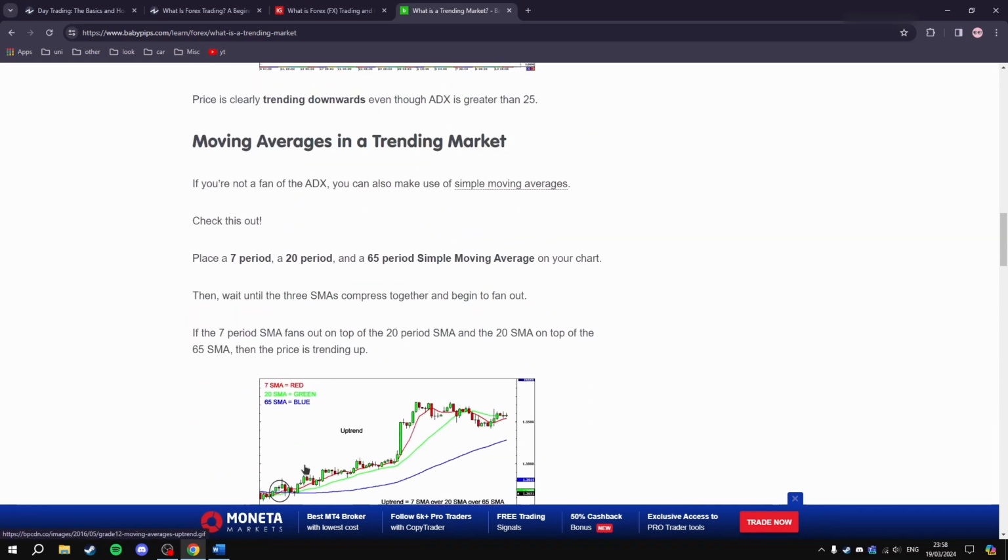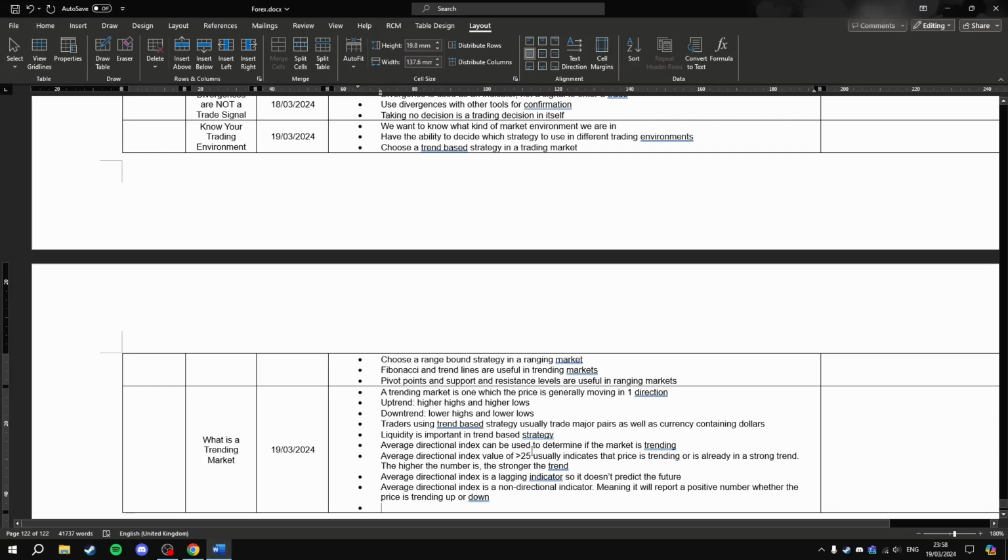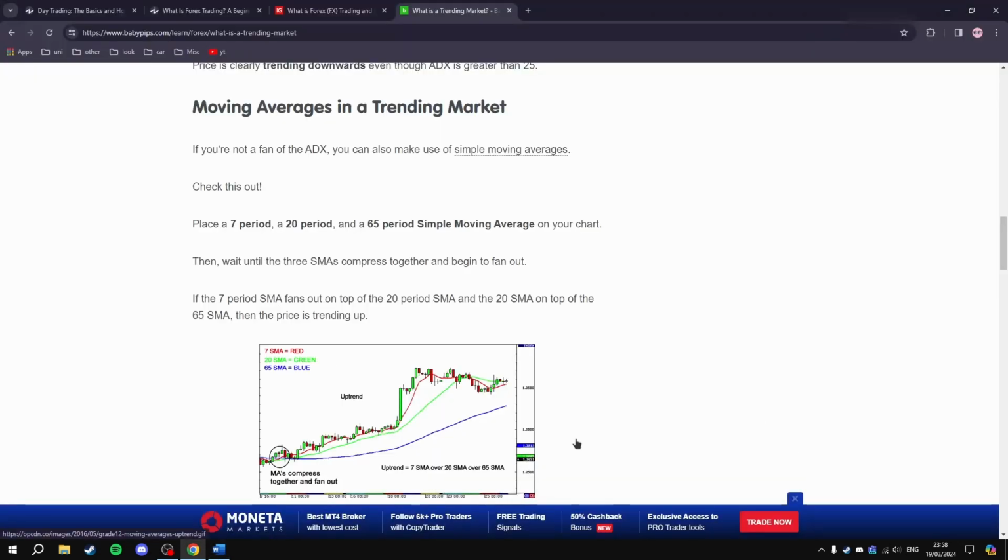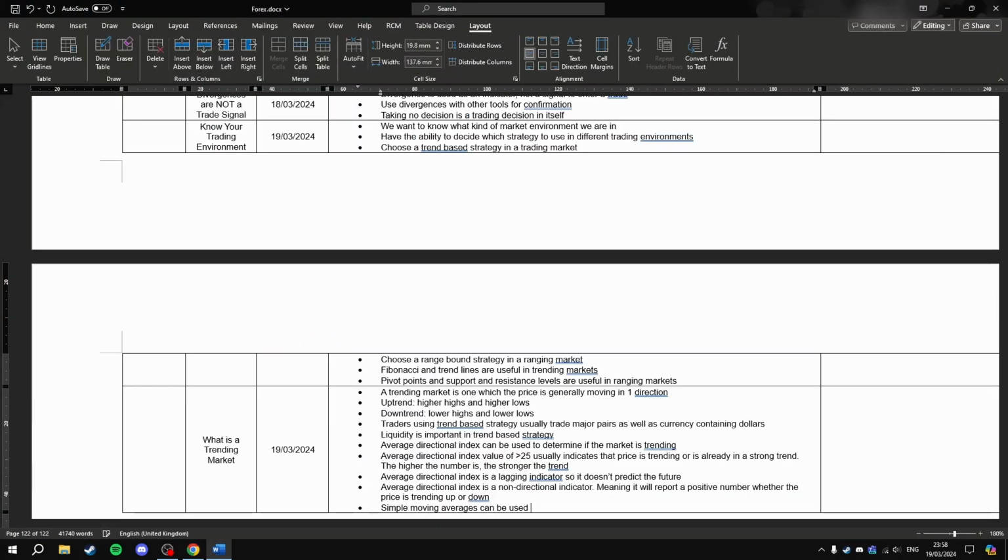Right, so simple moving averages can be used to determine the market trend.